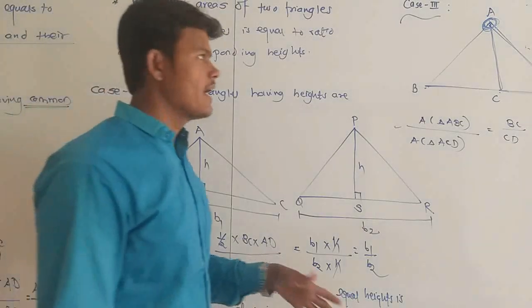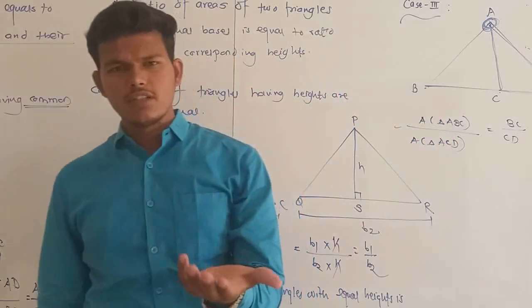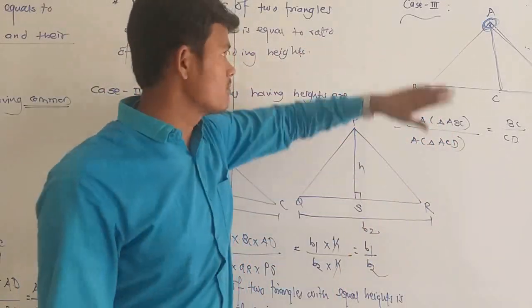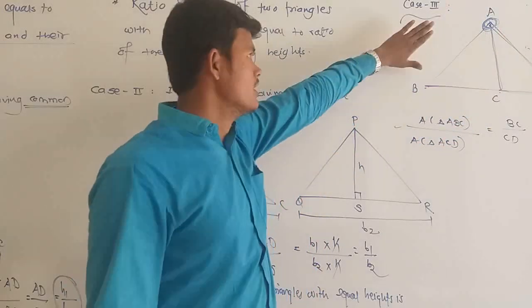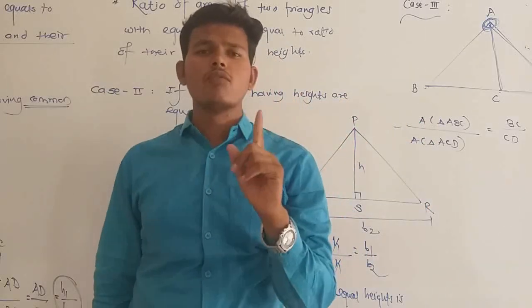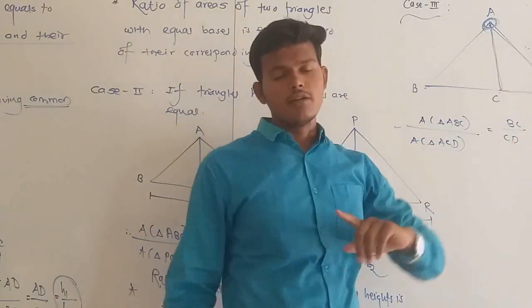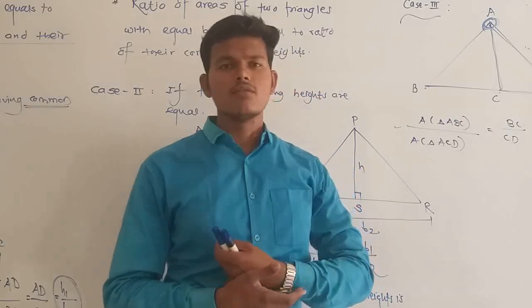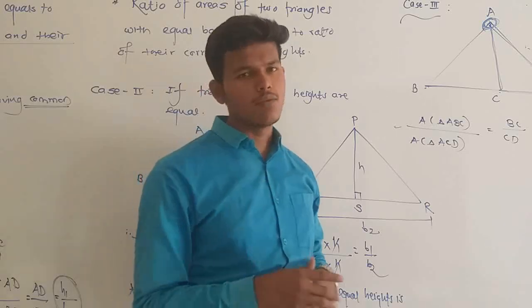bases. And the last one, case number third, which is not given in the book, is given just as an example. So in case number third, if two triangles share one common vertex, then for both the triangles their heights are equal.